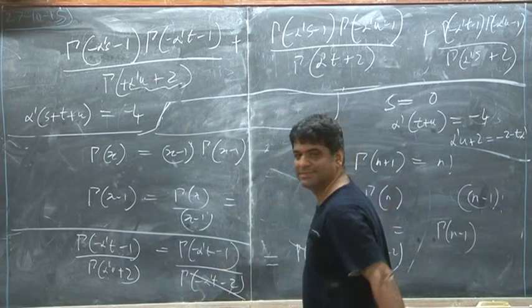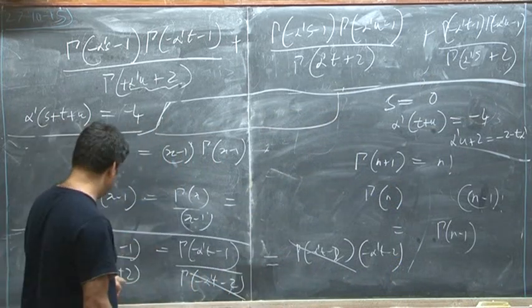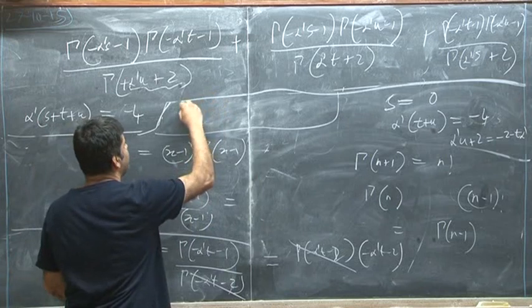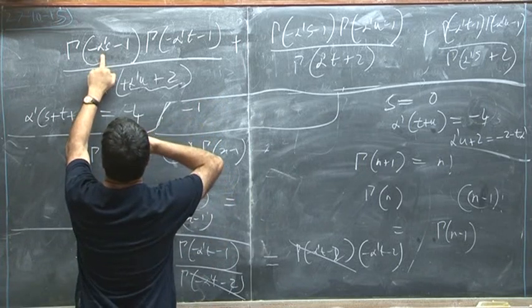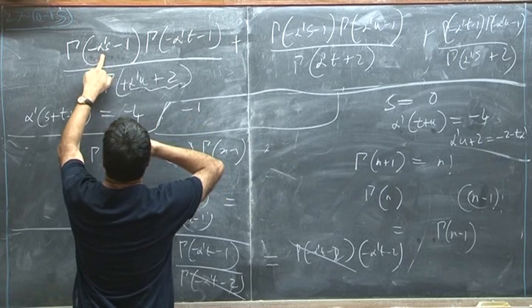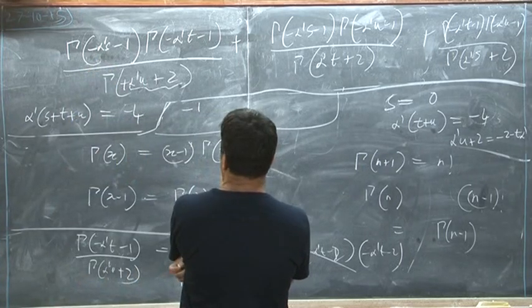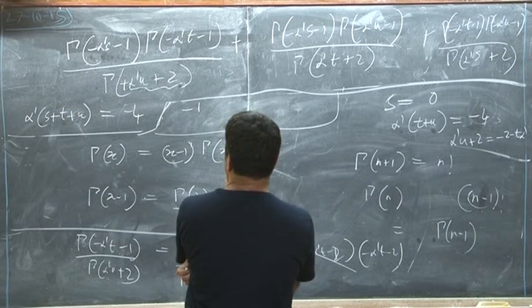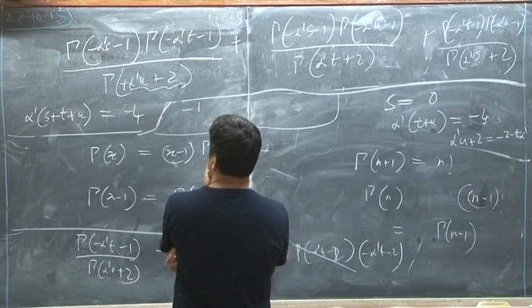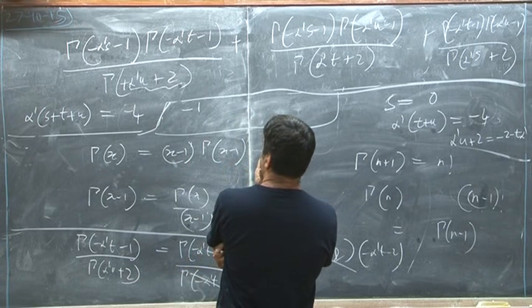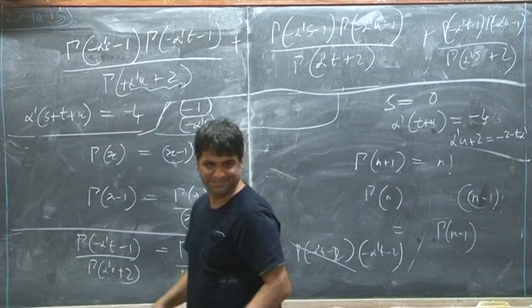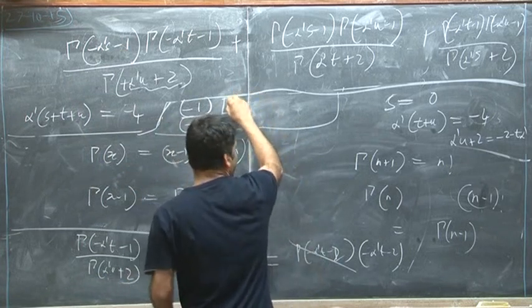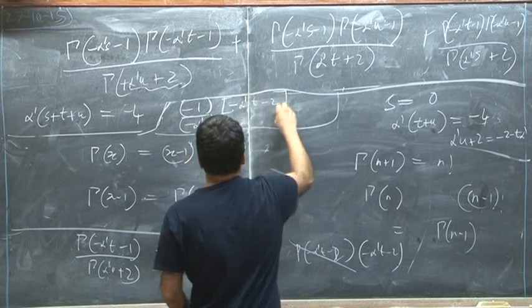So what we have is minus 1 times minus alpha prime s, that is 1 over the argument, times minus alpha prime t minus 2.